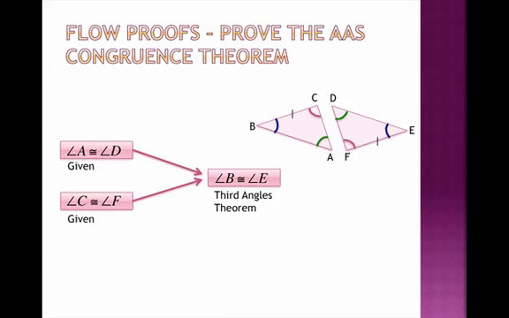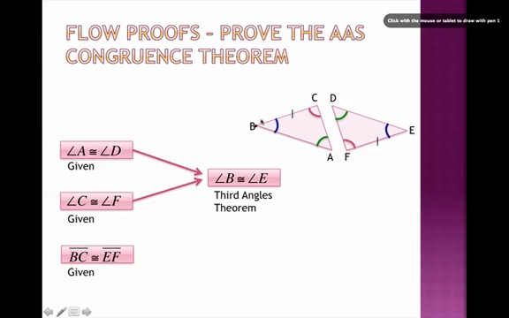Okay, so we still have a given that we haven't used, so let's go ahead and state that. BC is congruent to EF. Okay, so we have lots going on here, but let's take a look at this diagram. We know the angle B and angle E are congruent. We also know that BC and EF are congruent, and angle C and angle F are congruent.